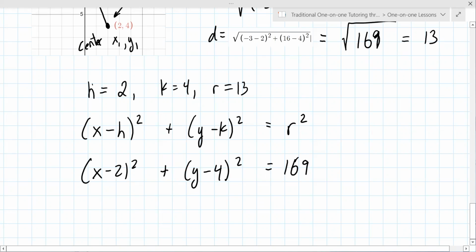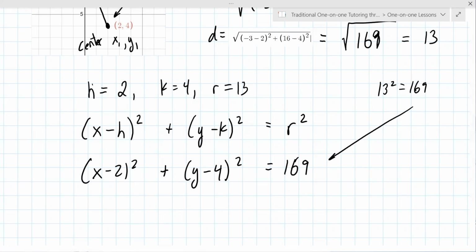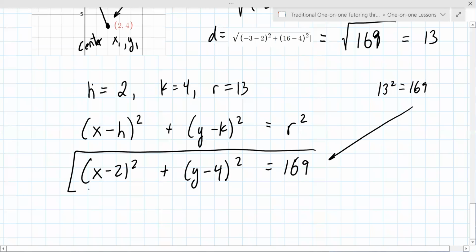Meaning if you know that 13 squared is 169, you can just put that in the equation. That's your final answer.